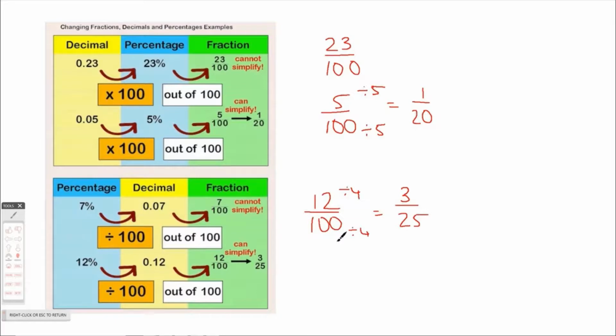Now, some people struggle to see this, and a good way to improve this is to, and I know it's a bit lame, but go back and practice your multiplication tables, practice finding factors of numbers. But here, if this didn't come to mind for you straight away and you didn't see that this was 4, there is absolutely no shame in starting off with an easier factor that you see. So something that I would see straight away in this is that 2 can go into 12 and 2 can go into 100 because they're both even numbers.